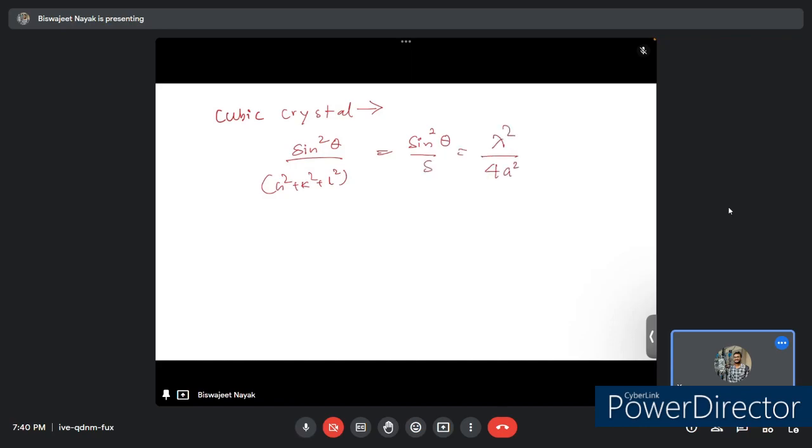Only when these three steps are accomplished is the structure determination complete.